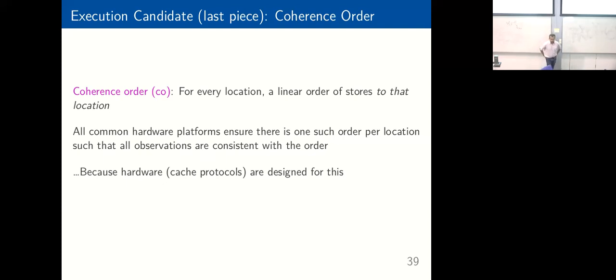Okay, so maybe a little bit of clarification. There's a history of the notation. In the original work, this was first defined as a function that goes from read to write. That's why it's called reads-from.